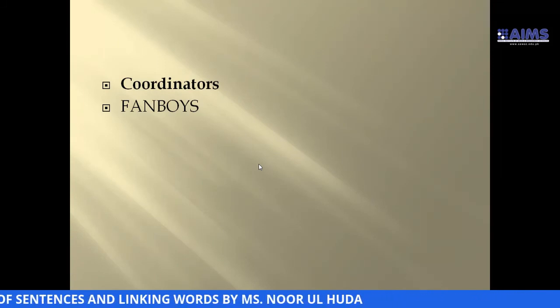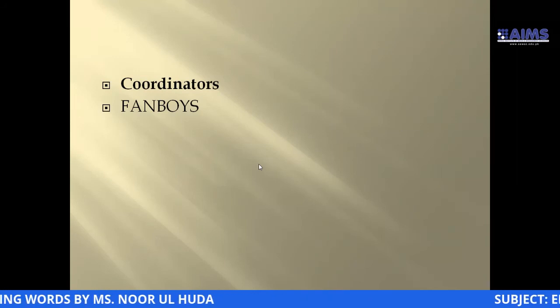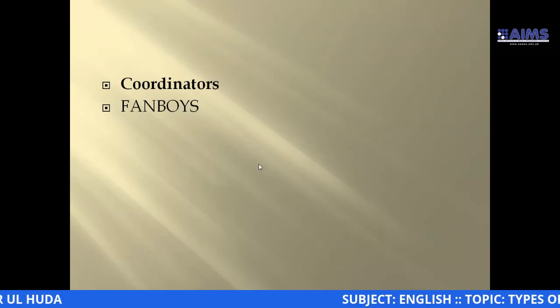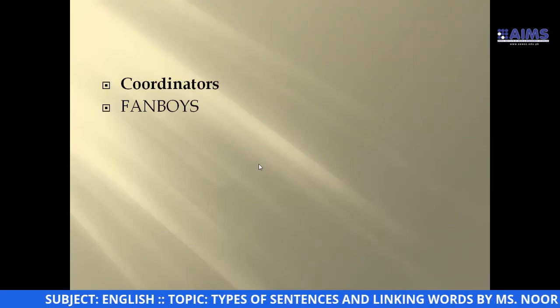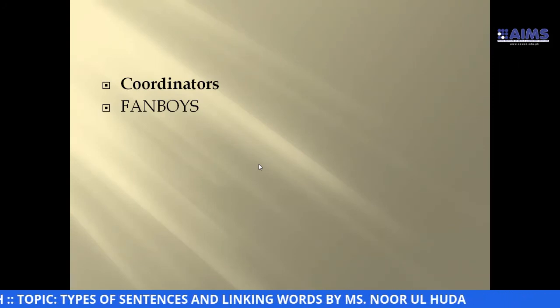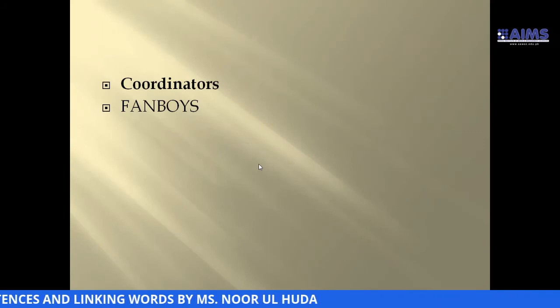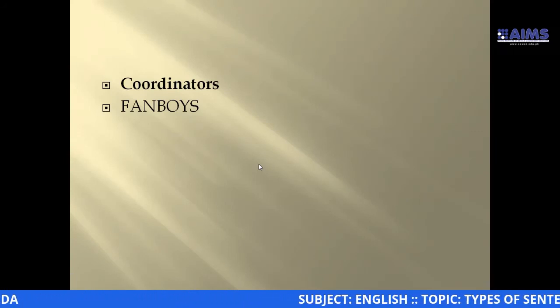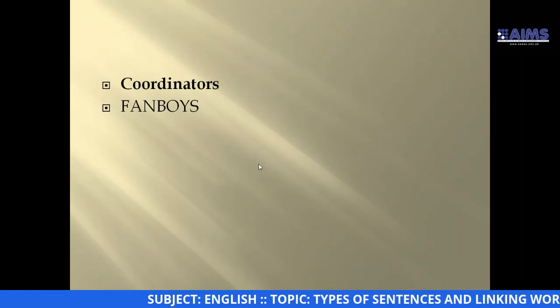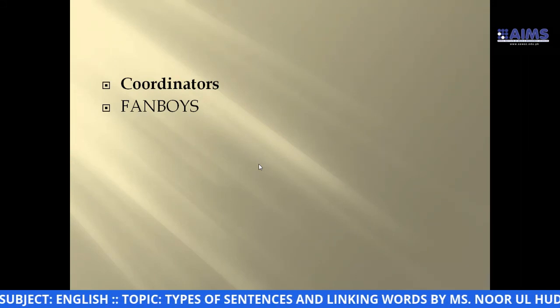FANBOYS are the words like for, and, nor, but, or, yet, and so. These are the words used to connect two independent clauses, so we can form compound sentences by using any of these conjunctions.